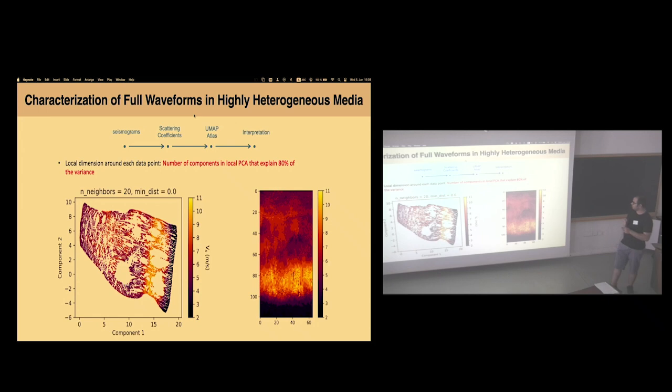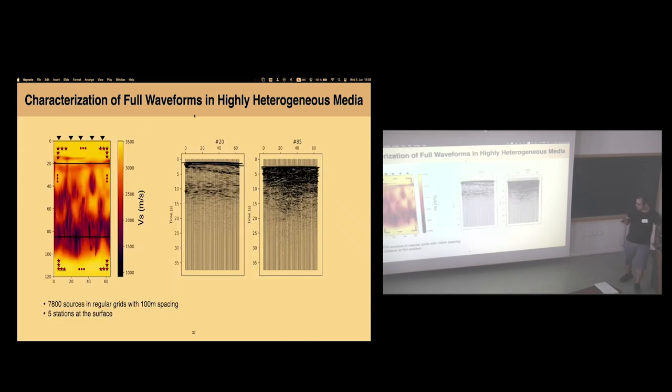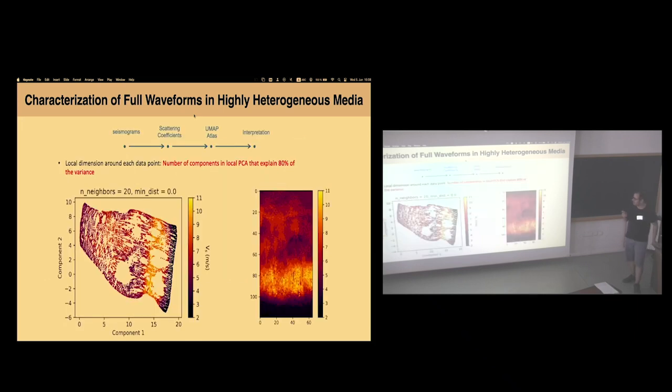And if we localize these values in the UMAP, in the subsurface, in the medium, we reach this plot, which is kind of similar to the velocity model that we have. This is still in progress. I just wanted to show you this result.